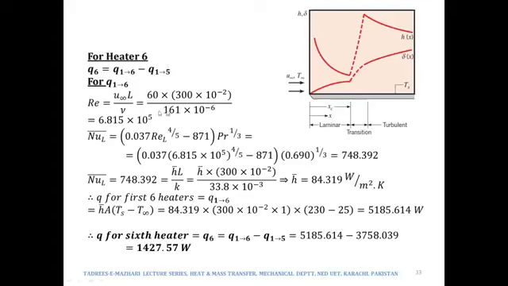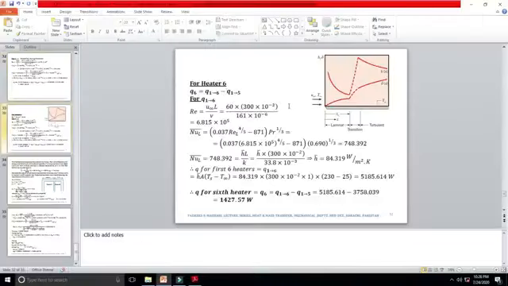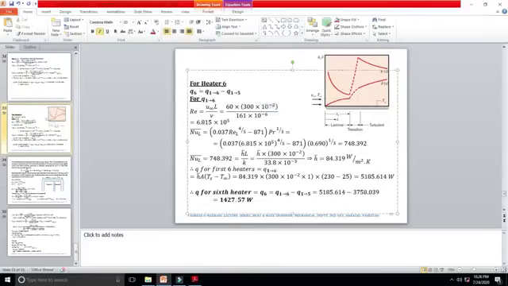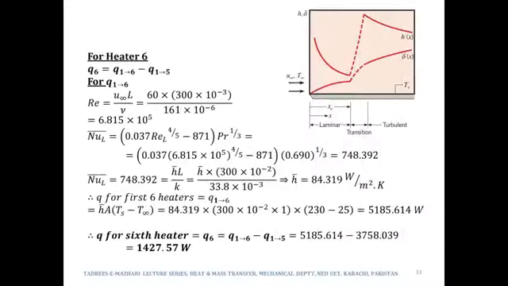So we get the Reynolds number as, again kindly correct it as 300 millimeters. So this would be 300 millimeters. So we get Reynolds number as 6.8 exponent 5. Of course it shows that it is greater than 5 exponent 15.